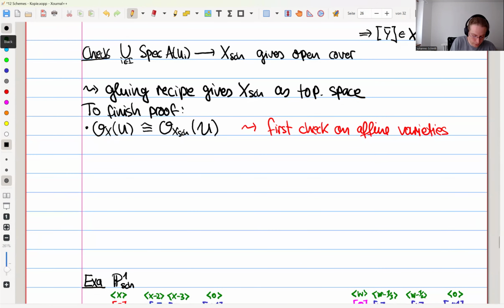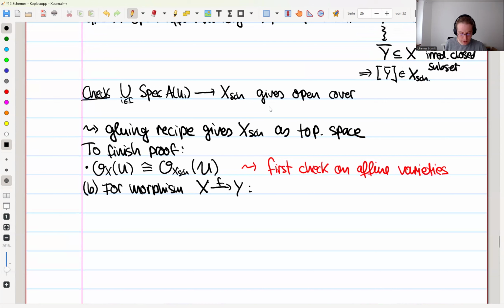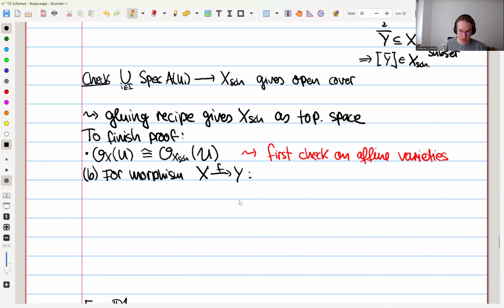And then for part B, this kind of morphism X going to Y like this. Well, now you want to get a morphism from X scheme to Y scheme, and you can again write down what this morphism does essentially on the level of points, for example, and then construct it like this.